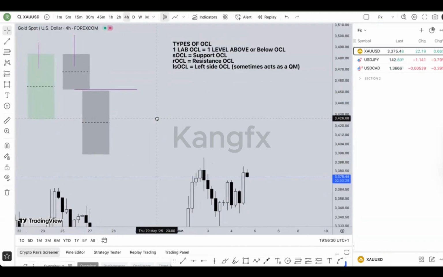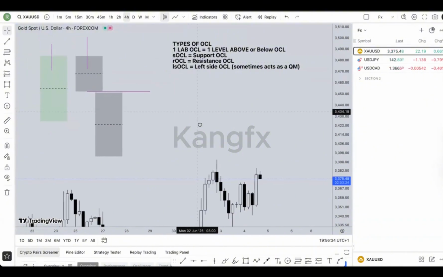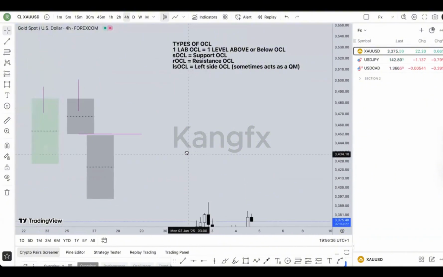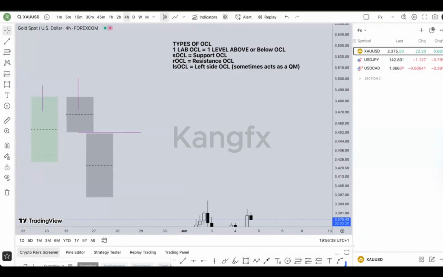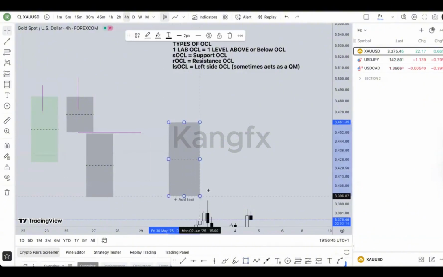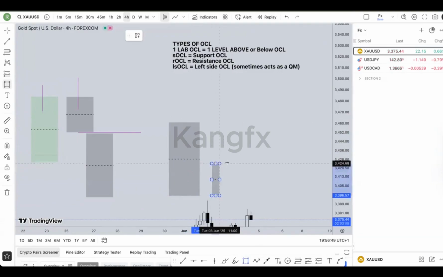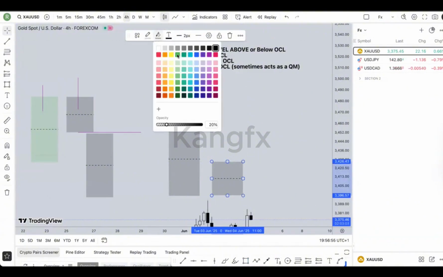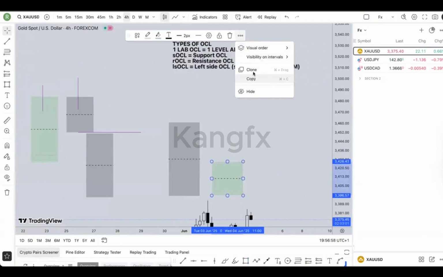Now for the support OCL, the same thing applies, the opposite of this. We have a black candle, and we have a green candle, and we have another green.